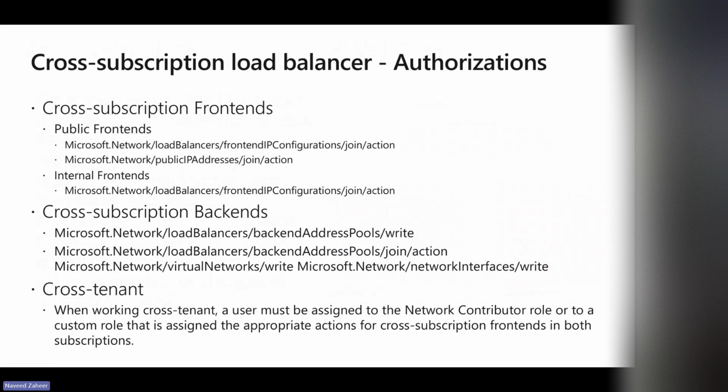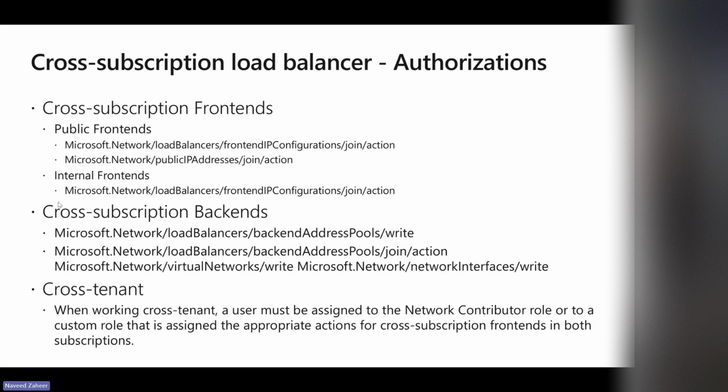Now let's come to the authorization, and this is the key point here. The question normally comes up: what kind of permission will I need for this to work? Of course, in the demo, I am admin on my subscription, so that may not be an issue.